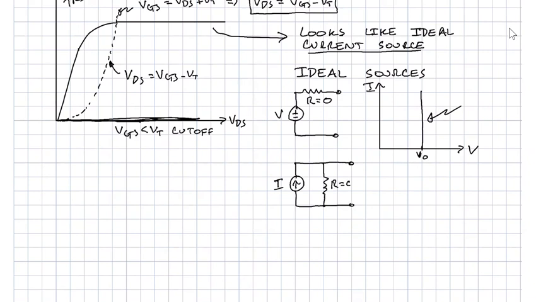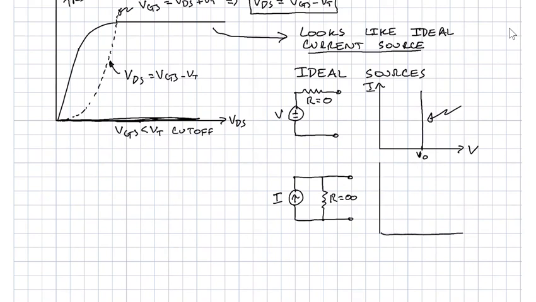So for an ideal current source, we want an infinite amount of resistance. And what that means from the IV standpoint, if we wanted to just draw its characteristics, we would have a kind of orthogonal picture to the ideal voltage source.